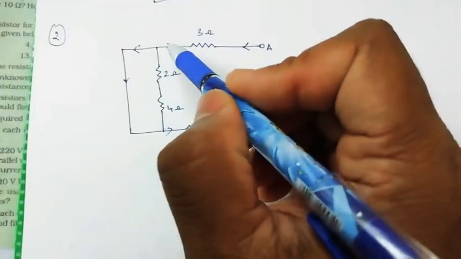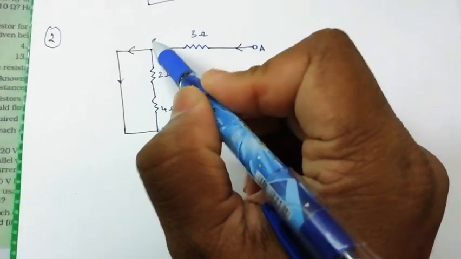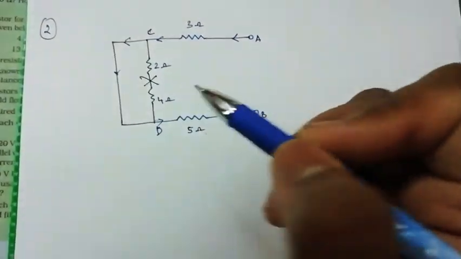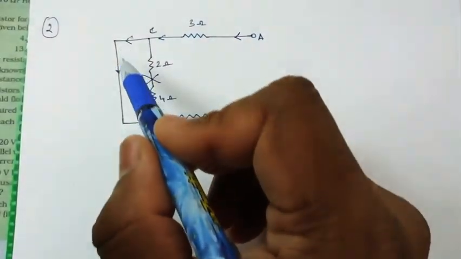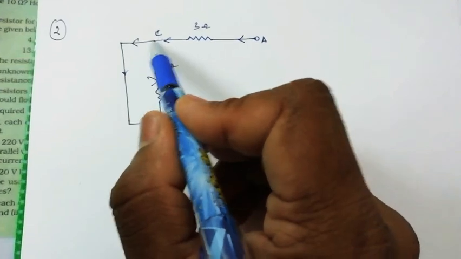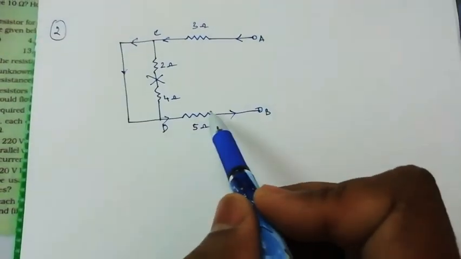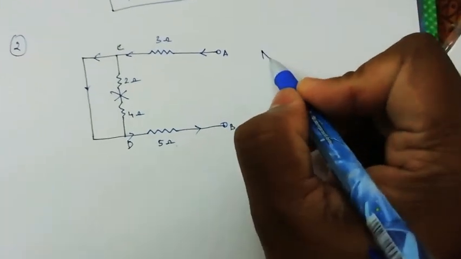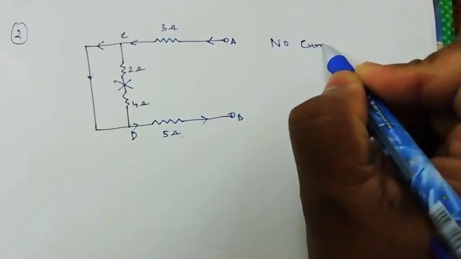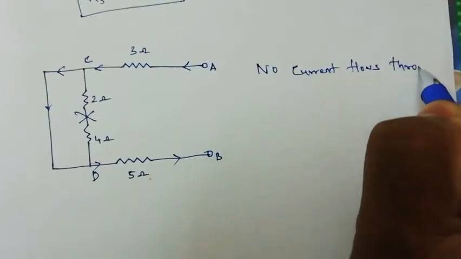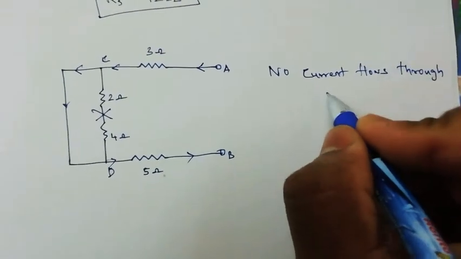For example, if we take this as C and D, they avoid the way C and D, and it is coming passing the C, and then it is completing the circuit. Another way I can write it is that no current flows through C and D.